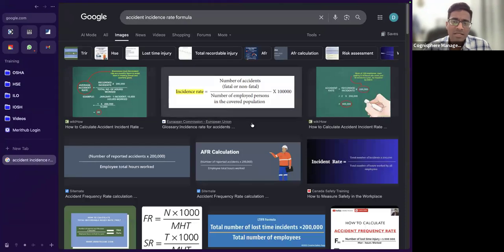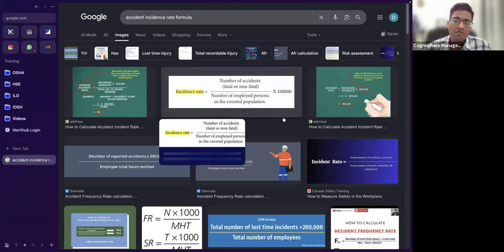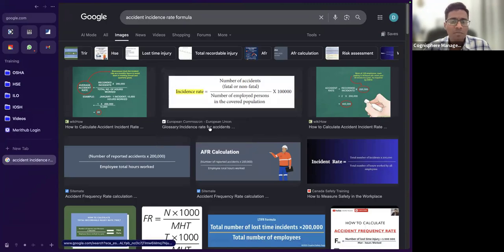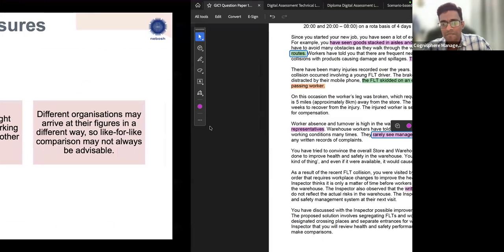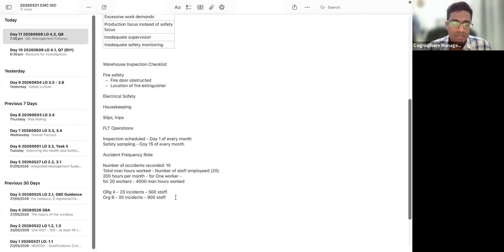Accident incidence rate equals the number of accidents divided by the number of employed persons, into a multiplier. So let's assume we are going to calculate AIR, which is accident incidence rate. So at what rate are accidents occurring in an organization?